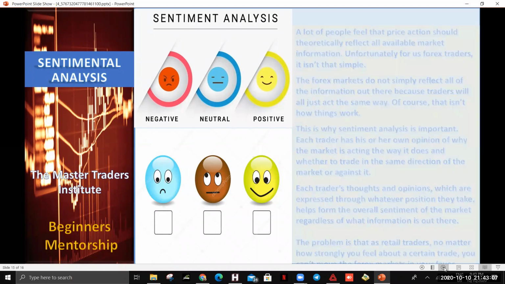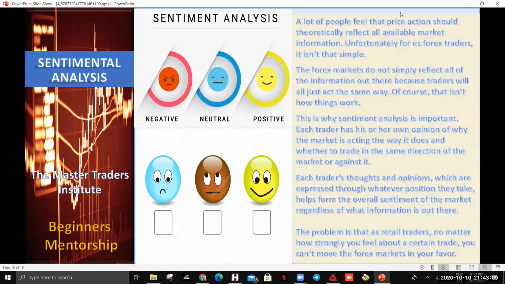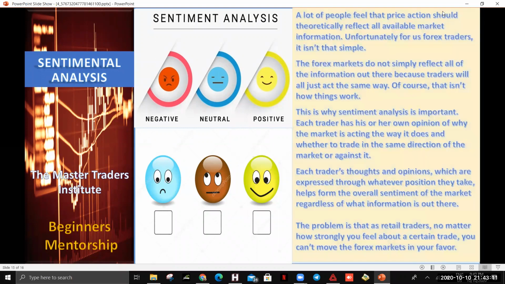Based on traders' emotion, a lot of people feel that price action should theoretically reflect all available market information. Unfortunately for us Forex traders, it isn't that simple. The Forex market does not simply reflect all of the information out there, because traders will not all act the same way. That isn't how things work. This is why sentimental analysis is important.